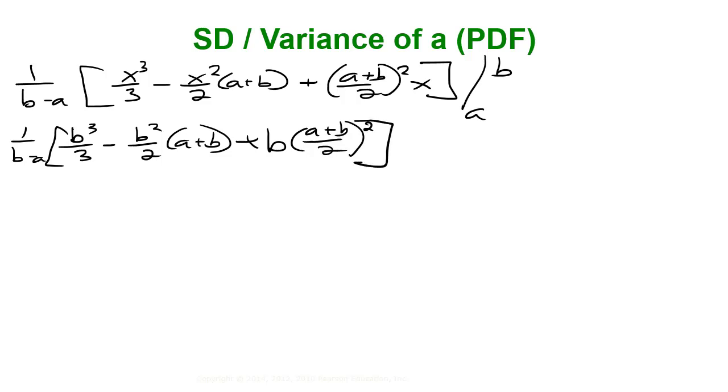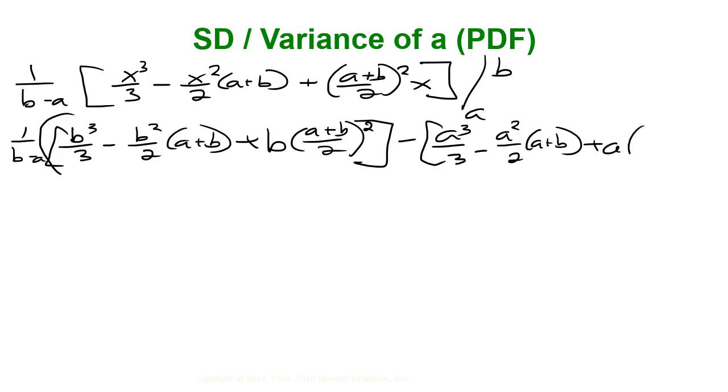So there's that piece, and then we have to subtract the same thing, and this whole thing is being multiplied by that constant. Then we have to do it at a. So a cubed over 3 minus a squared over 2 times (a+b), plus a times ((a+b)/2) quantity squared.